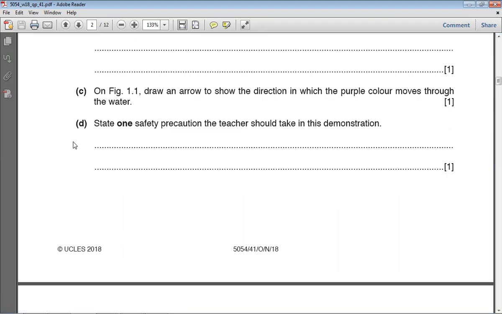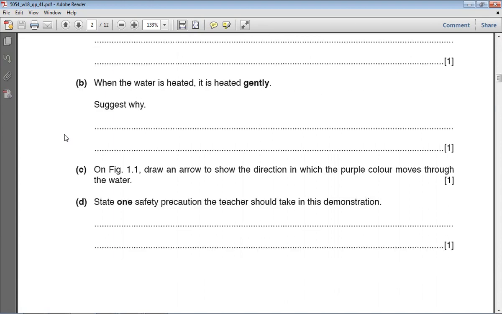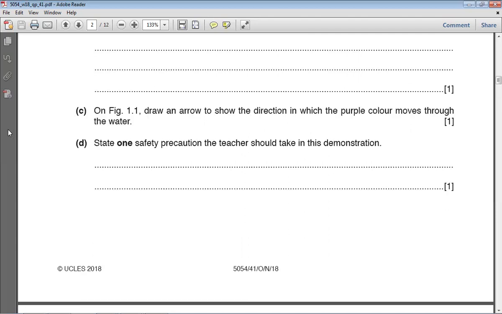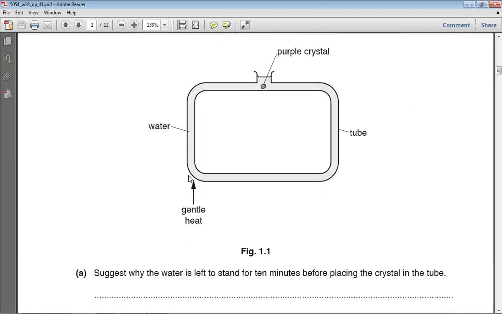Then the C part is coming up on your screen. Question number 1, C part. On figure 1.1, draw an arrow to show the direction in which the purple color moves through the water. Because we are heating from here, the water convection currents move in this way, so the color will also move in this way. This is a clockwise direction.